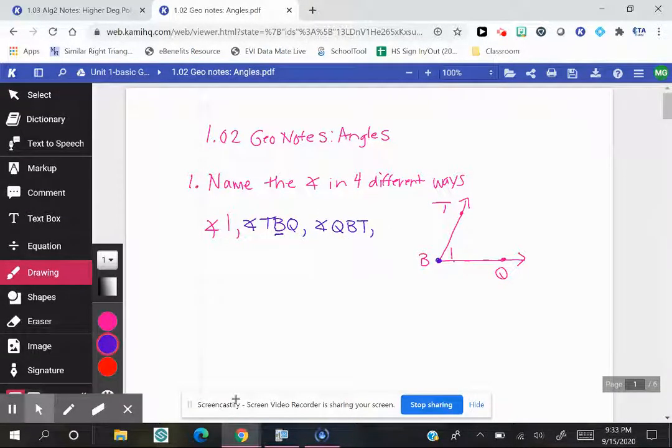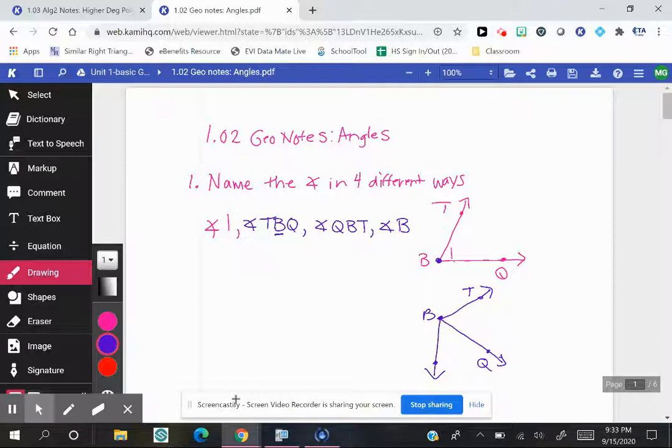In this particular case, we could also call this just angle B, but that only works if there's only one angle at B. So let me give you another scenario here. If I draw the same thing, slightly different, I just put the line down a little bit, but this time I extend another ray out.